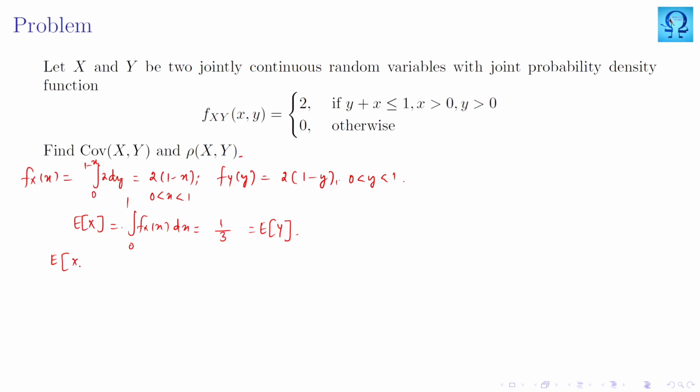Now we will calculate the expectation of xy, that is the integral from 0 to 1, and the integral from 0 to 1 minus x, you are free to fix it, it can be either 1 minus y or 1 minus x, of xy multiplied with 2 dx dy. If you just integrate it, you would get 1 upon 12.